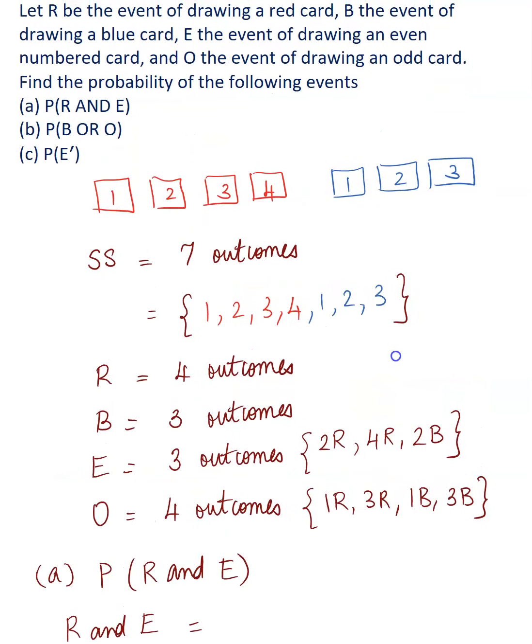So R is drawing the red card and E is getting an even numbered card. Okay, R is red and even numbered. You want it to be the same in both the sets, or both the events.